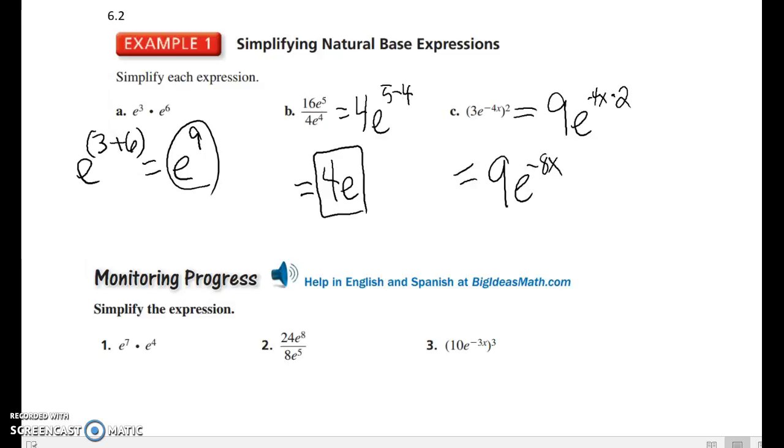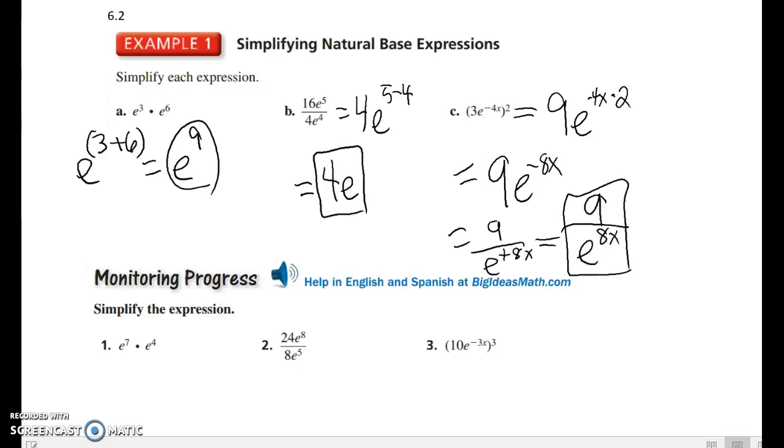And we don't like negative exponents, so we just have to fix that, e to the negative 8x, and make it in the denominator. Ooh. That changes to 9 over e to the positive 8x. I shouldn't have written that. So this is how you want to write it. And that's all we're going to do for simplifying expressions.